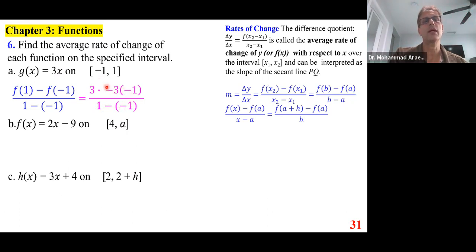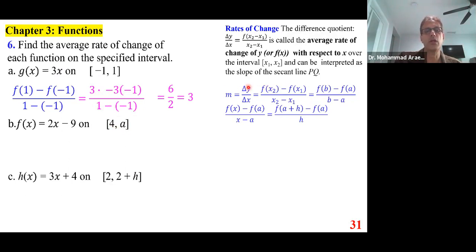So I hope you realize that this is 3 plus 3 is equal to 6. This is 1 plus 1 equals 2. 6 halves, which is equal to 3. My apologies.